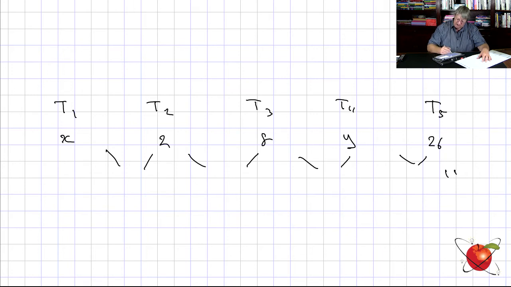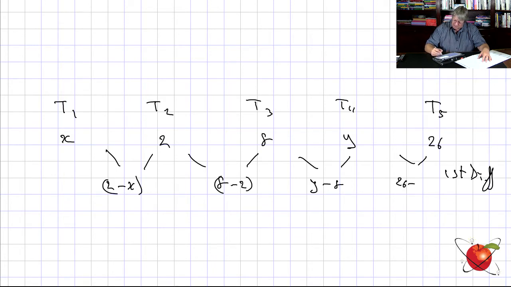What did we say? First level. First difference, right, is 2 minus x, and I do put them in brackets. 8 minus 2, y minus 8, 26 minus y, okay? Just be careful here. The second difference is going to be equal to 8 minus 2.